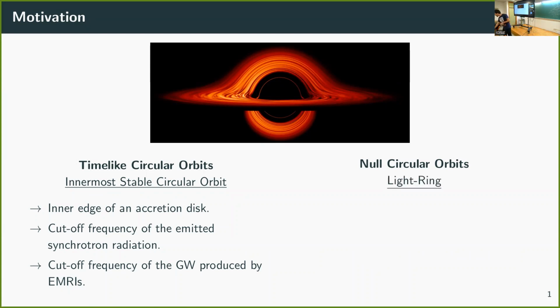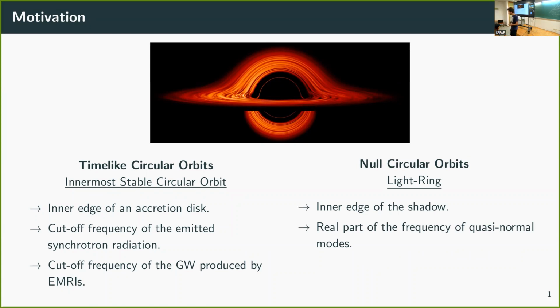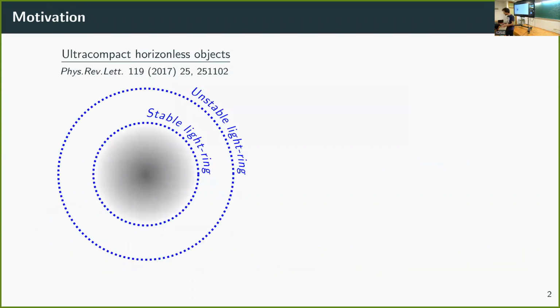Regarding the null circular orbits, we have the well-known, as I said, light rings. And these are associated more with the inner edge of a shadow, or even the real part of the frequency of quasi-normal modes. So regarding the light rings, there are two well-established results in the last years.